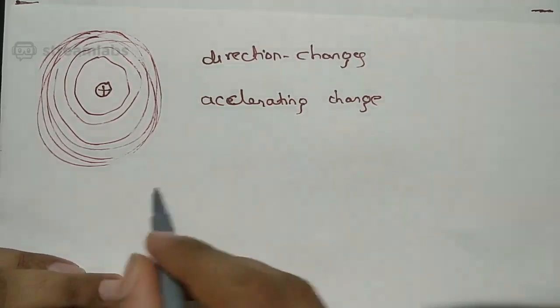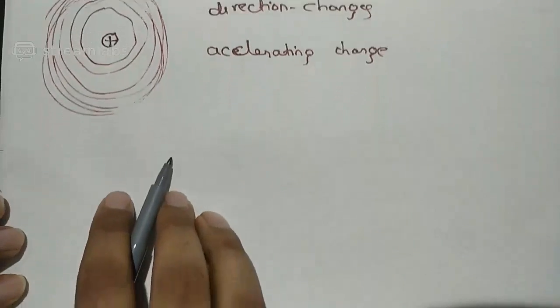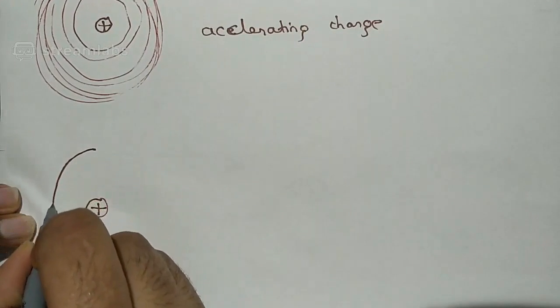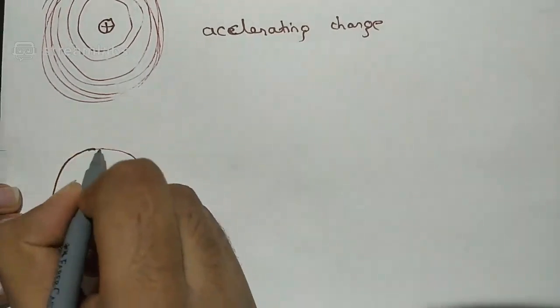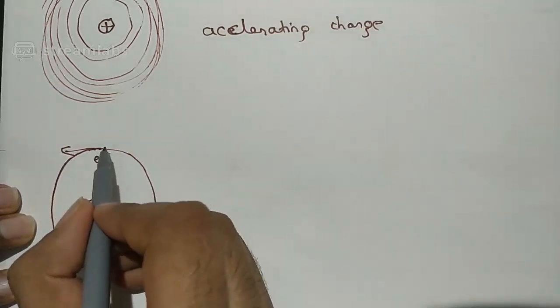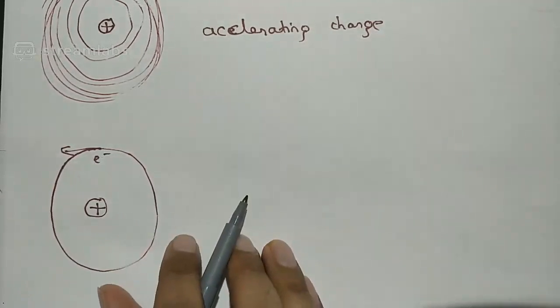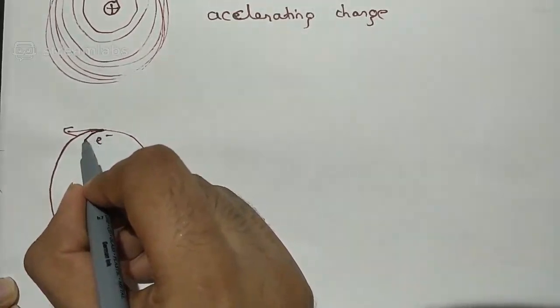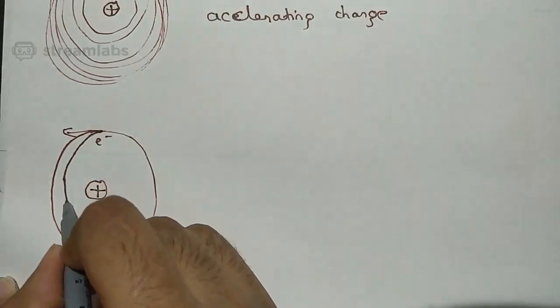So when the electron revolves around the nucleus in any orbit, it is under accelerated motion, so it should emit energy. As it emits energy, its energy decreases, so slowly it tends to move towards the nucleus.